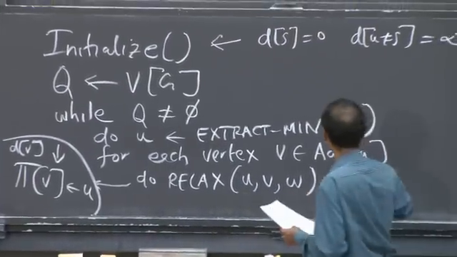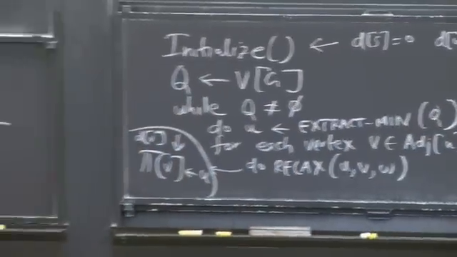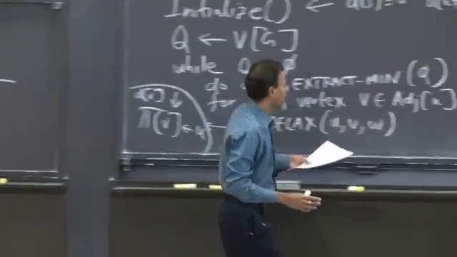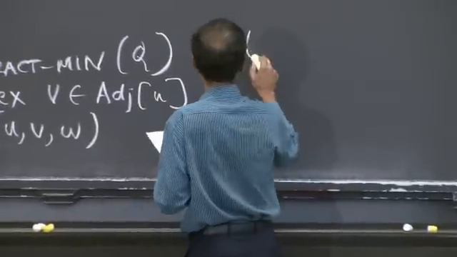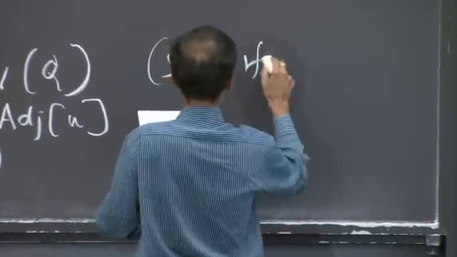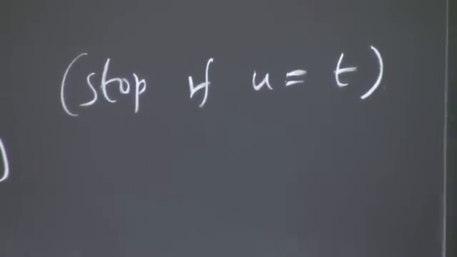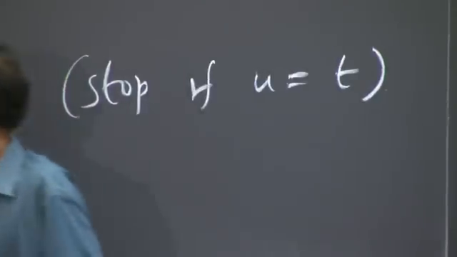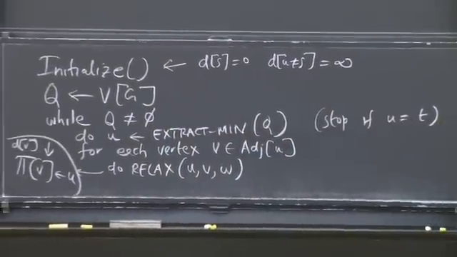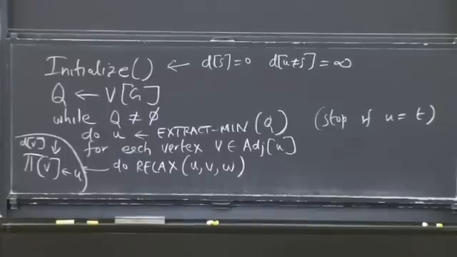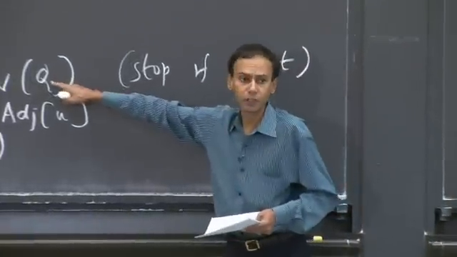And one of the things that we can do, this straightforward thing, which is one line of code literally, is to say that if you know what the single target is, then you simply stop if U equals T. So there's no need to continue until Q becomes null. You stop when you've lifted off the T vertex from Q. All right?